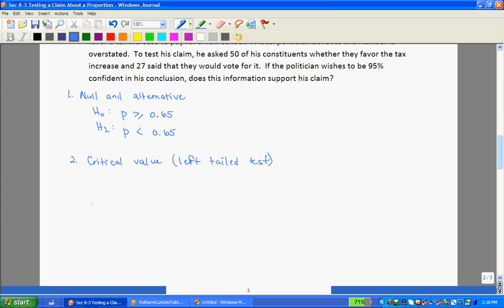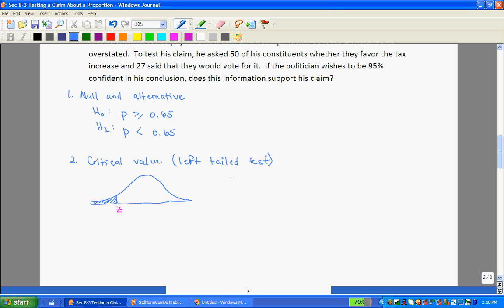So what's happening, and we know we have a normal curve since we have z-scores, and we have some z here that I don't know, but I do know this area. Now we were told to be 95% sure.